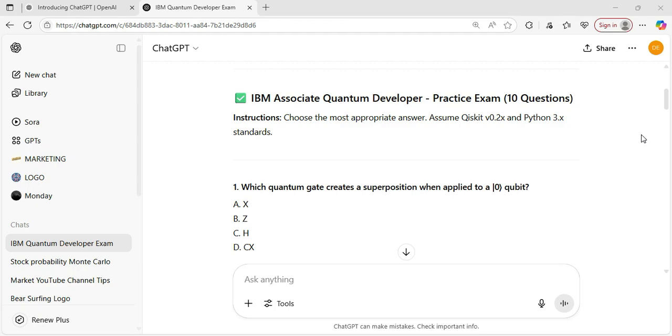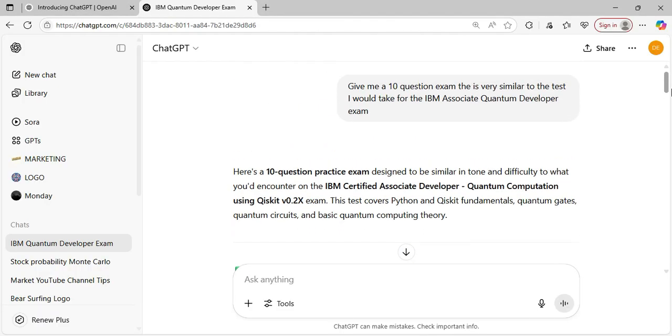I don't know if I'm going to do it or not, but I can at least practice taking practice exams on ChatGPT. So I asked ChatGPT to give me a 10-question exam that is very similar to the test I would take for the IBM Associate Quantum Developer exam.